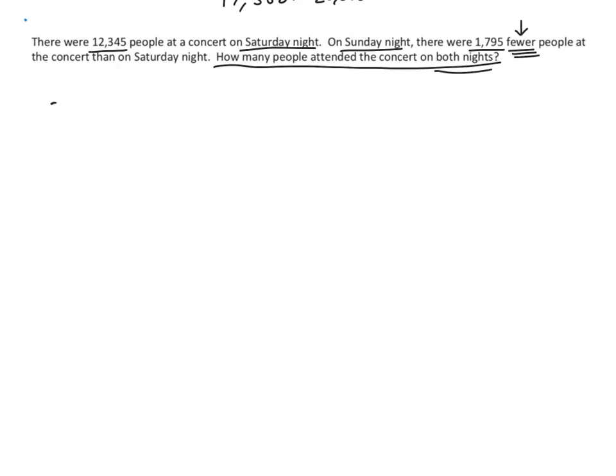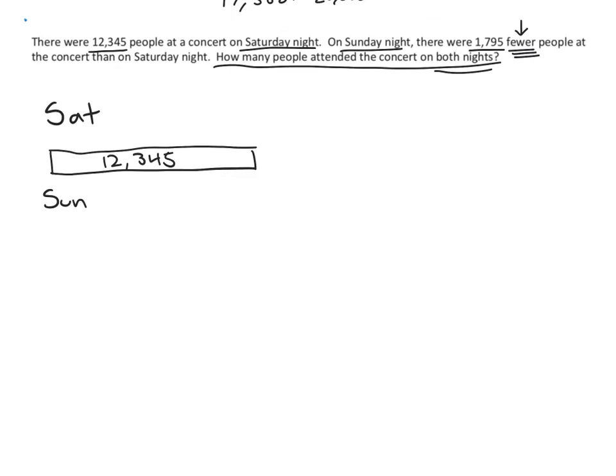So I'm going to draw tape diagrams here that model the amount for Saturday and Sunday. So for Saturday, looks like we just have the total of 12,345. And for Sunday, we have 1,795 fewer than Saturday. So I'm going to draw a tape diagram that's equal to the one for Saturday.